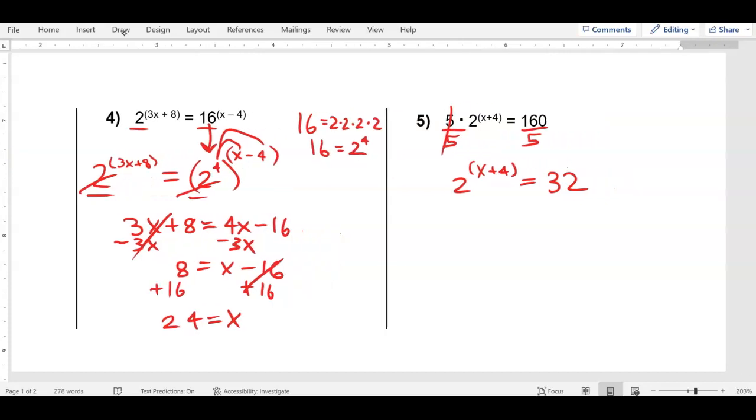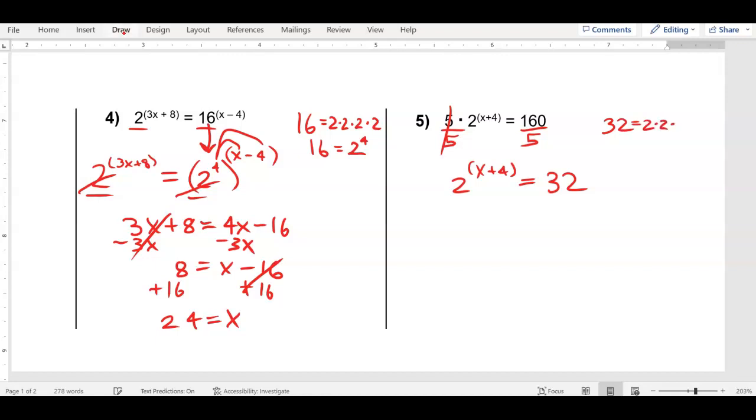Now, off to the side here, what does 32 equal? 2 times 2 is 4, 4 times 2 is 8, 8 times 2 is 16, 16 times 2 is 32. So 32 really equals 2 to the power of 1, 2, 3, 4, 5.